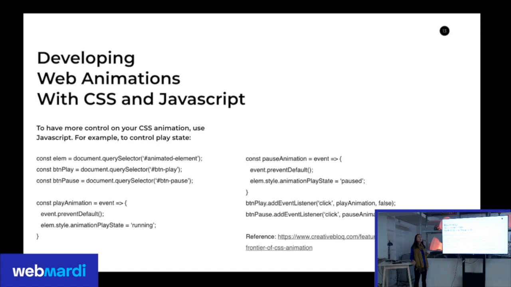So when you click on the play button, it plays, and when you click on the pause button, it pauses. This is easier to do with JavaScript, controlling your CSS animation.